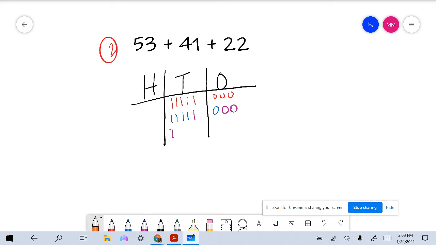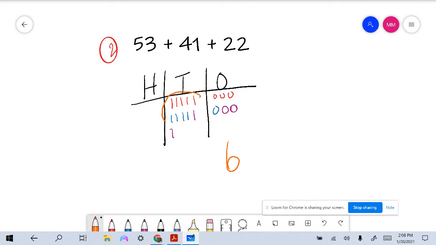So let's count up our 1s and our 10s, and see if we move over into the hundreds place. I have a total of 1, 2, 3, 4, 5, 6 1s. Let's count our 10s. 10, 20, 30, 40, 50, 60, 70, 80, 90, 100.